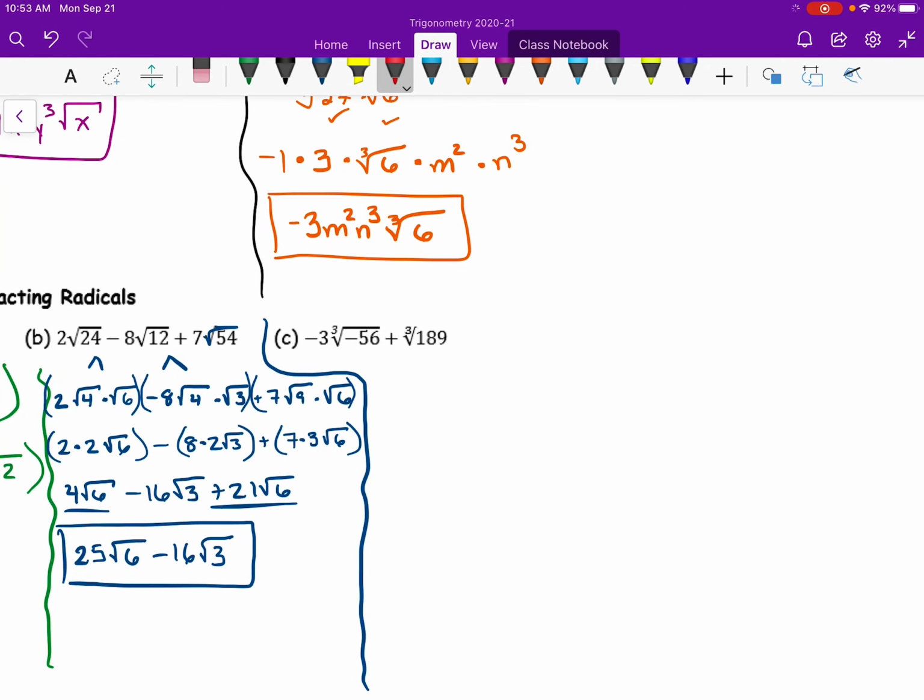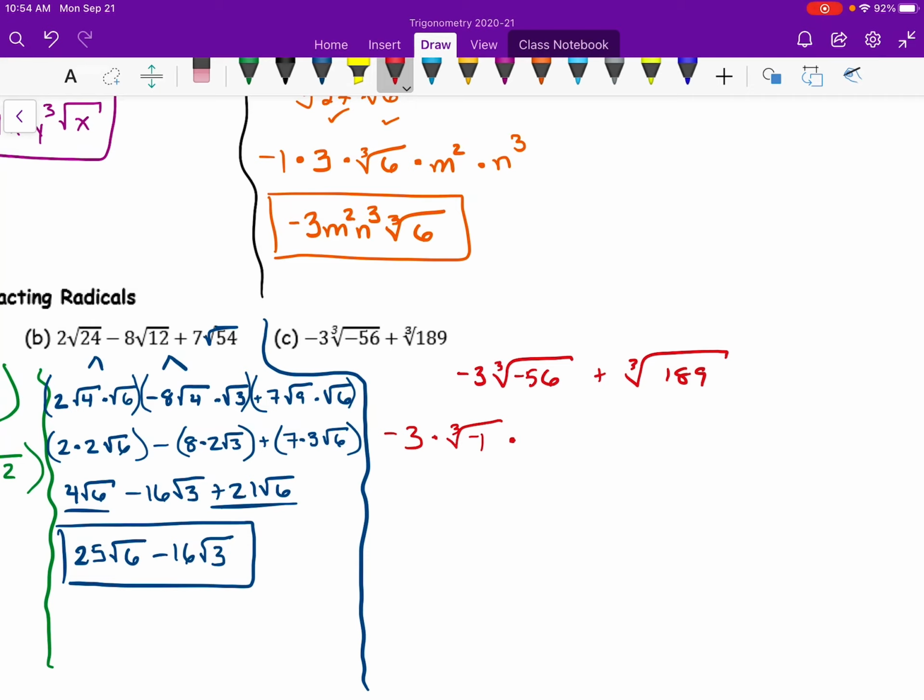Rewrite this one. So break it down. You got negative 3 on the outside times, pull out that negative 1, and then 56.